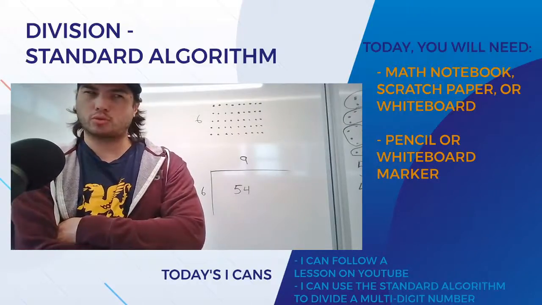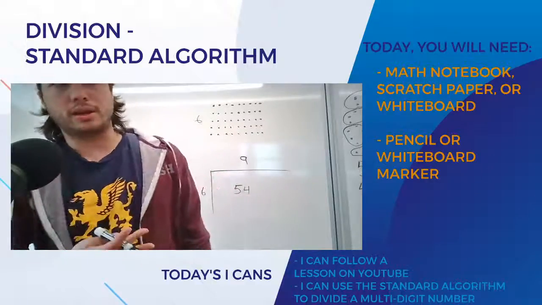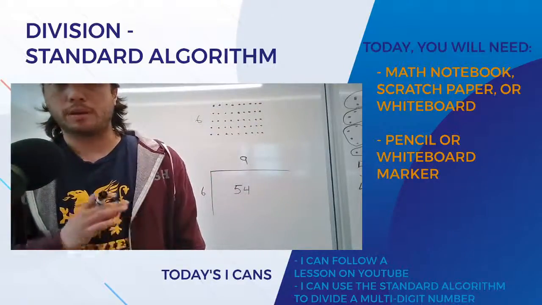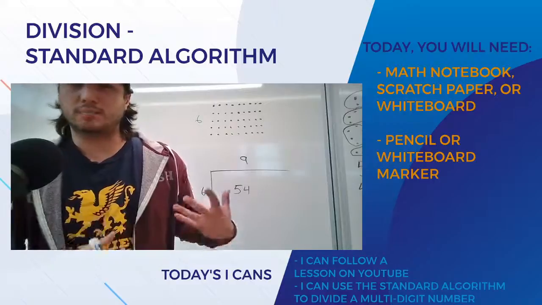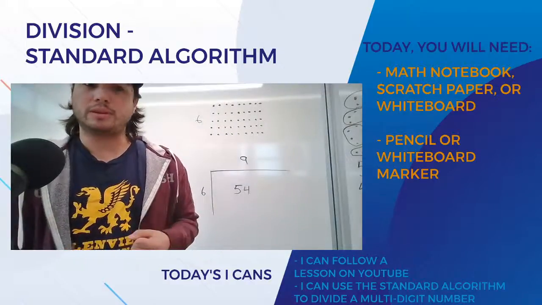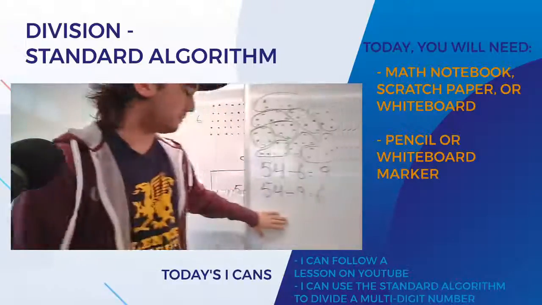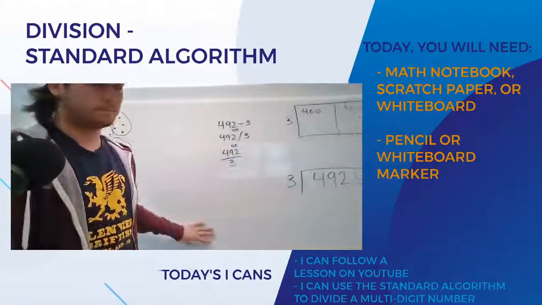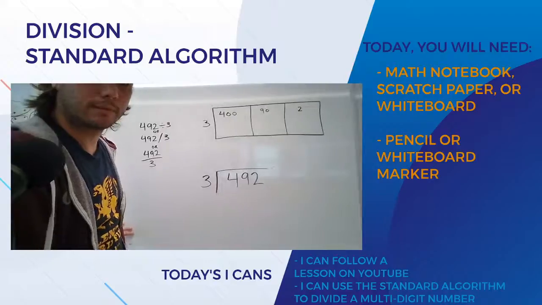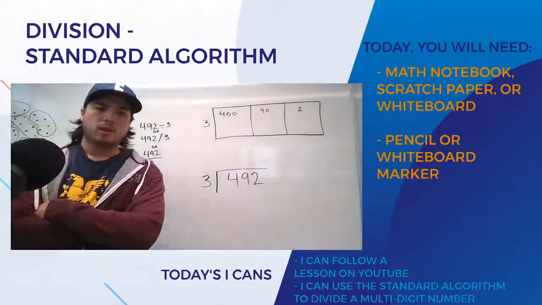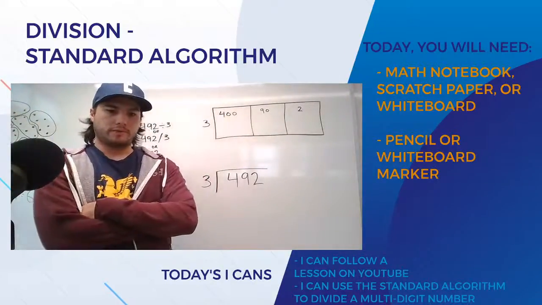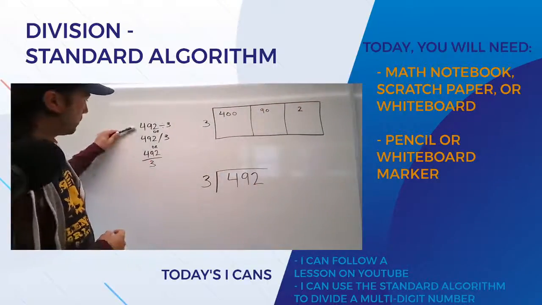We're going to take a little shortcut, and we're going to use our expanded form and that area model to help us explain what exactly we're doing when we talk about the standard algorithm of division.